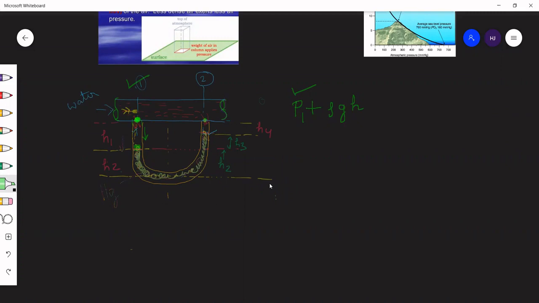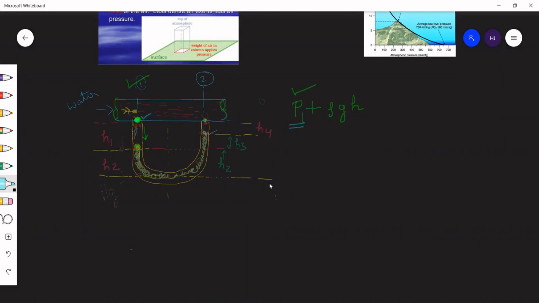Water, as I was traveling in this part. Initially, at this point, my pressure was P1.